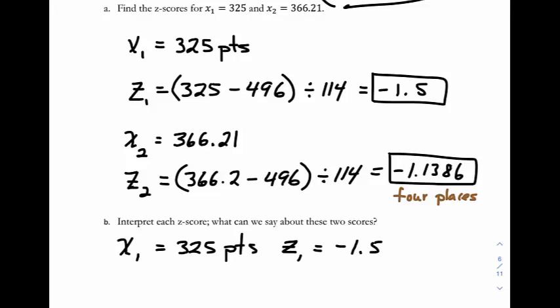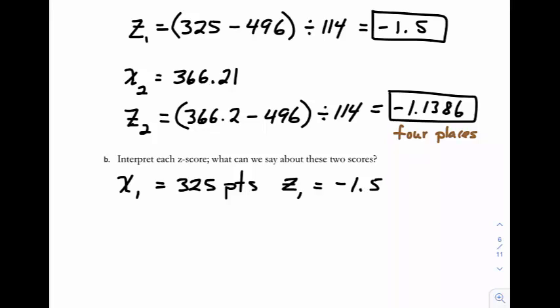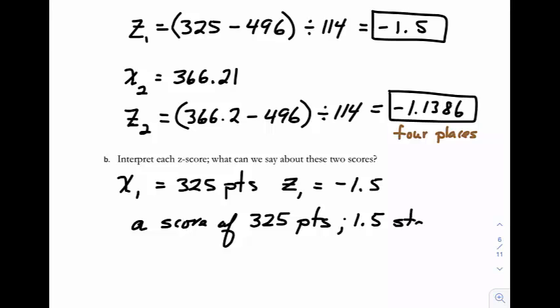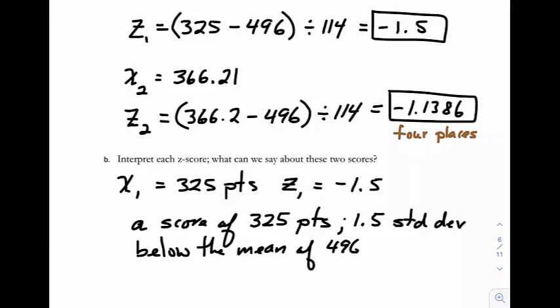And this just means that a score of 325 points is interpreted as being 1.5 standard deviations below the mean of 496 SAT score points. So again, that score is 1.5 standard deviations below the mean.